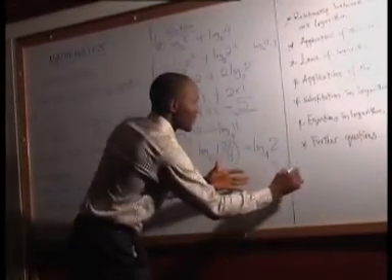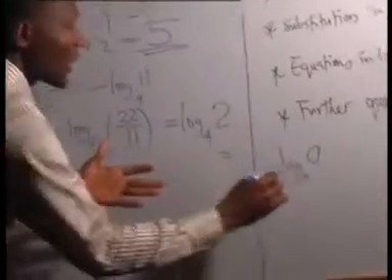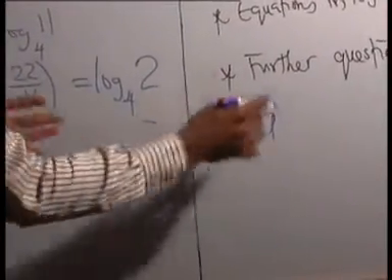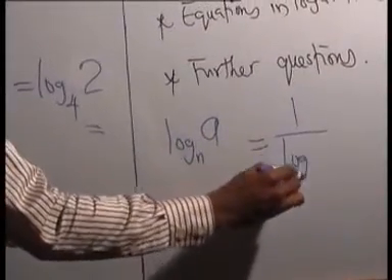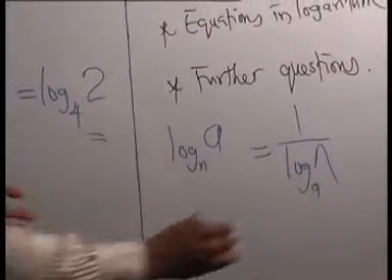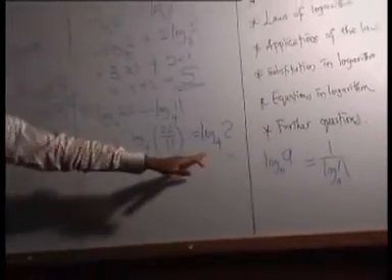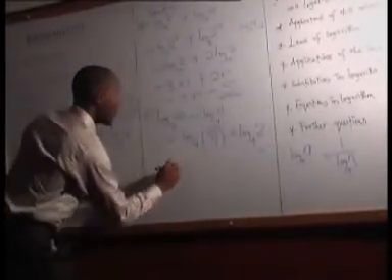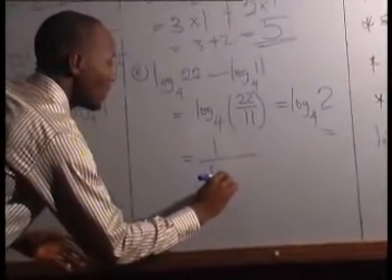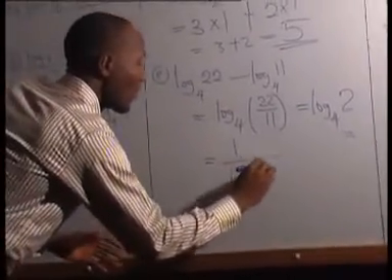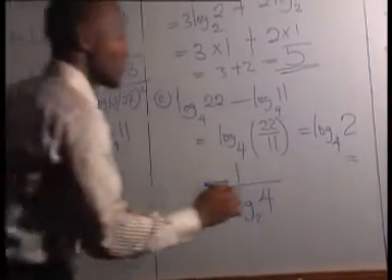The law says that if you have the logarithm of a to base perhaps n, if you want to interchange it, it's going to turn to 1 over the logarithm of n to base a. So let's interchange it so that 4 will be the number and 2 will now be the base. So it's the same thing as saying 1 over the logarithm of 4 to base 2. We can deal with this very easily.